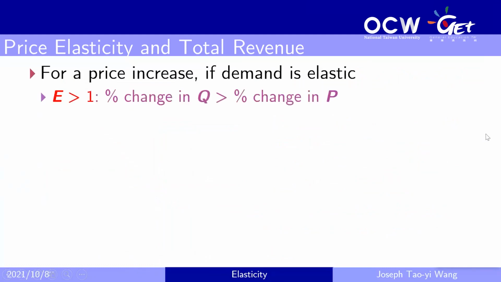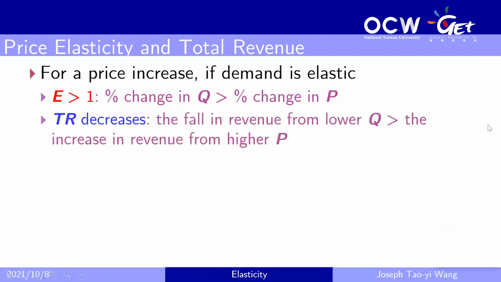All right, so to summarize, if demand is elastic, if the price goes up, the percentage change in quantity is greater than the percentage change in prices. That's why elasticity is above 1. So total revenue goes down because the fall in revenue because of lower quantity outweighs the increase in revenue because of the higher price.